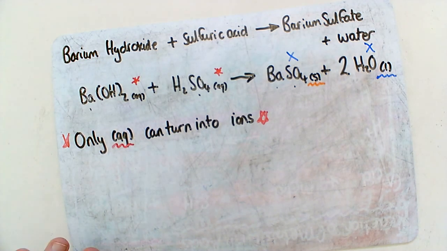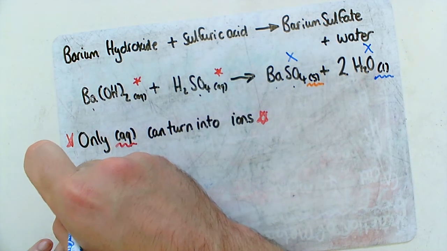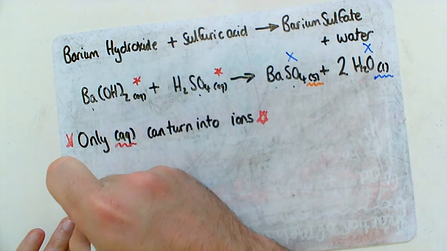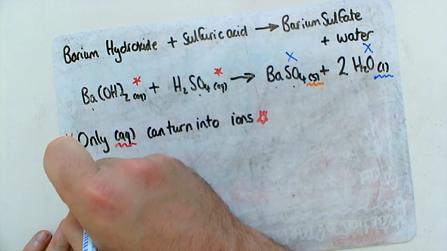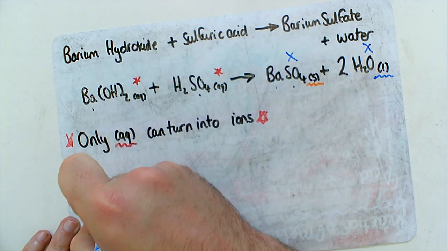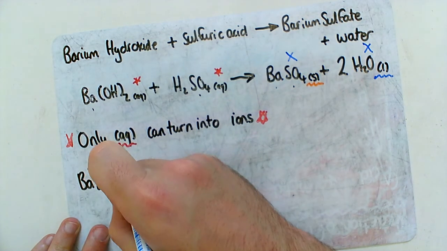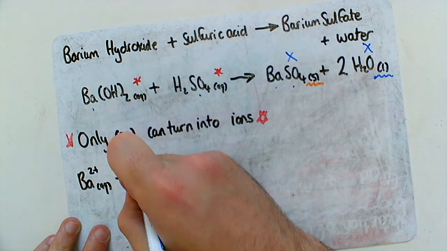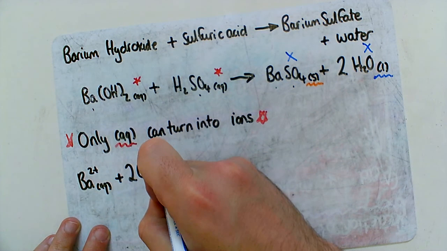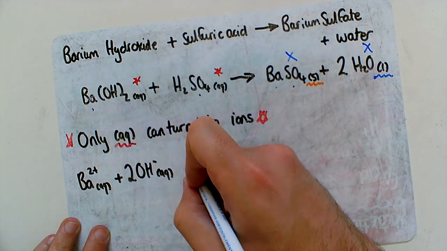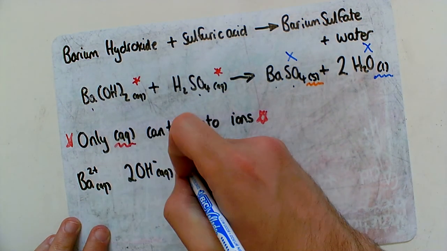So if we start putting it into ions, what we have, so we've got barium, 2+ AQ, plus 2 hydroxides. Oh, sorry, don't need a plus there.